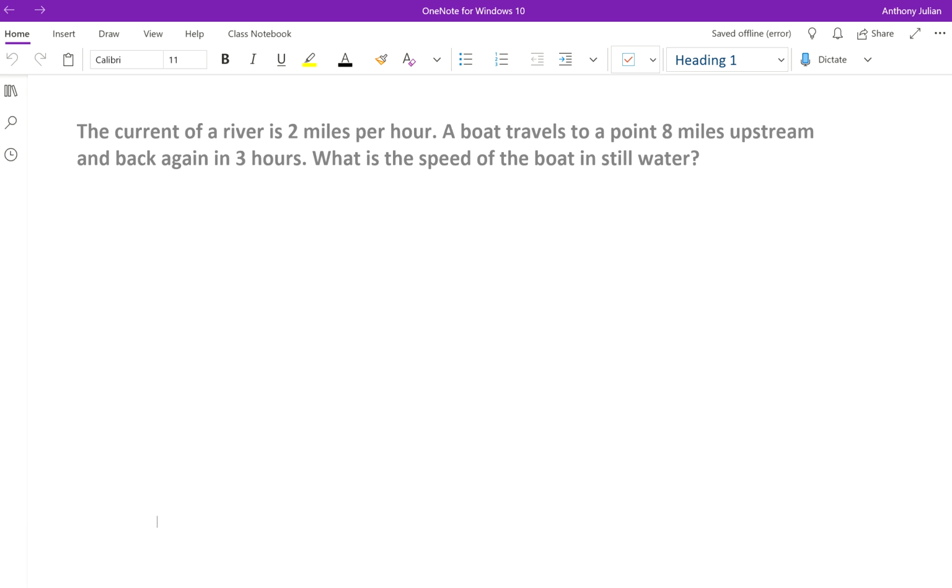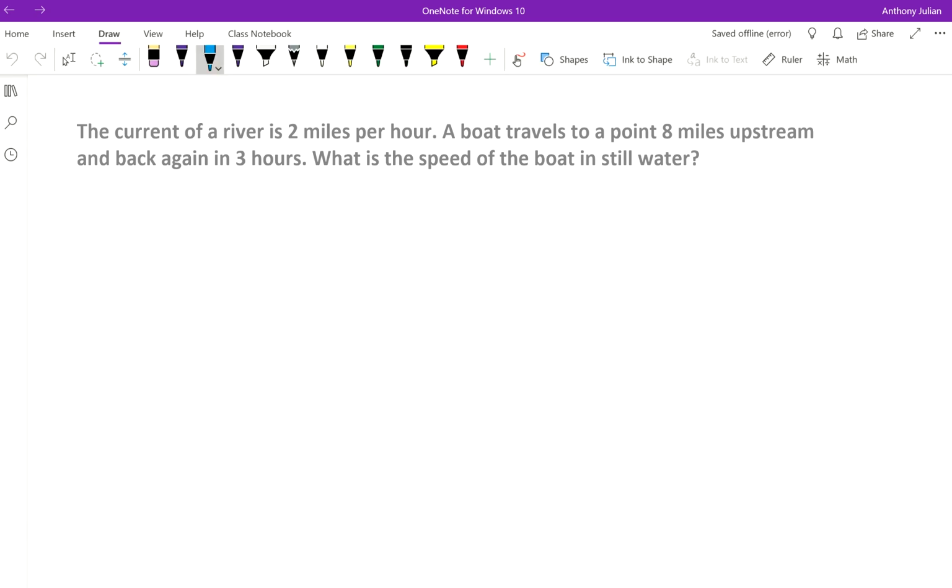So, let me get my board situated here. We're going to start off with a motion problem about the river and the special rate that we give motion problems. That had to do with going upstream and downstream.